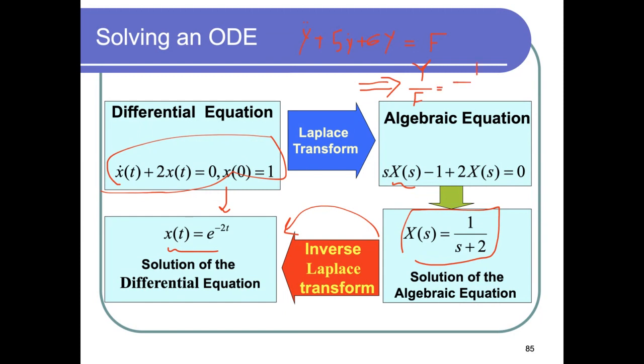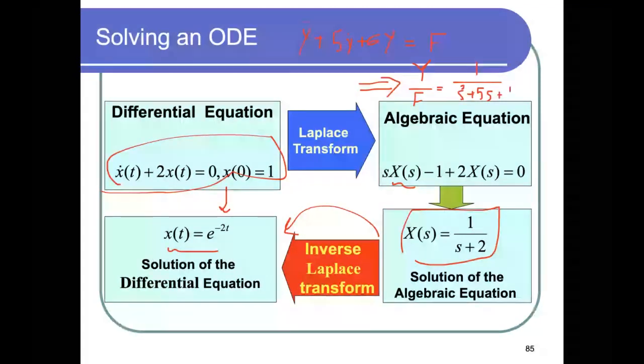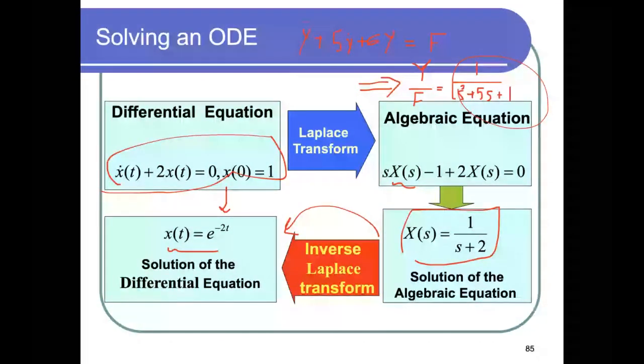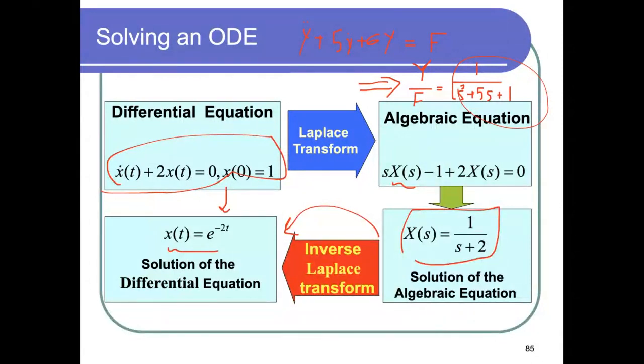In that case, it will be 1 over s squared plus 5s plus 6. Using that transfer function information, I can take the inverse Laplace transform and know how the output of the system, y(t), will behave for a given input signal.